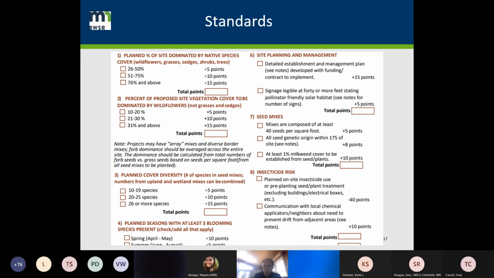So you can see that there's a focus on native species cover for a site, proposed site vegetation cover that'll be dominated by wildflowers, planned cover diversity, and planned seasons with at least 3 blooming species. Number 5, which isn't on here, is about additional habitat components. So ultimately, we're trying to think about the aspects of a site that are going to create integrity for a plant community, provide benefits for pollinators, and help accomplish co-benefits.